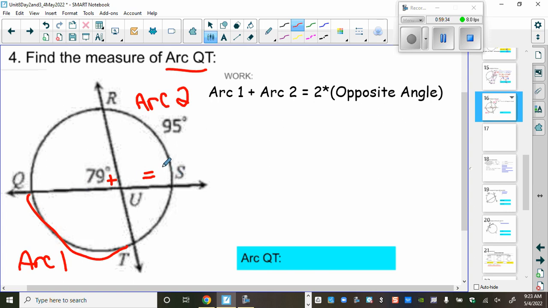Semicircle. 180. So 79 plus something must give us 180. So how do we figure out that something else? 79 plus something is 180. 101.